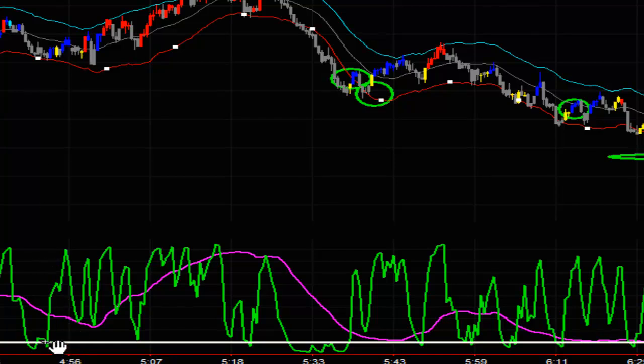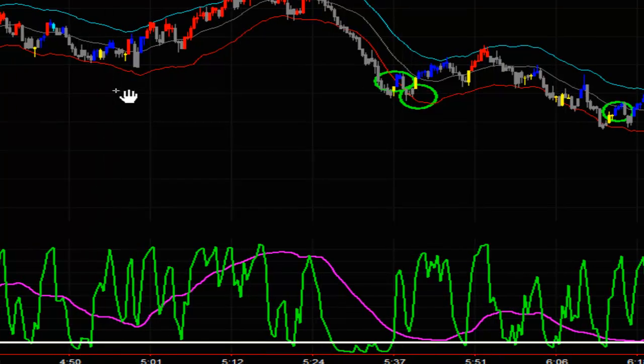I just don't have it marked here. It really needs to be marked. Let's see, we have a little divergence there, so that would have been your entry. Would have gone up a little bit, little pullback, and then up.